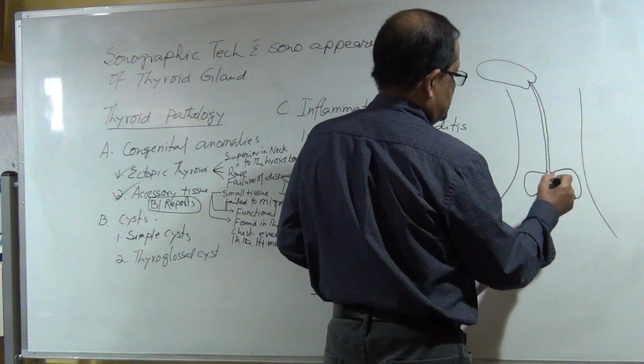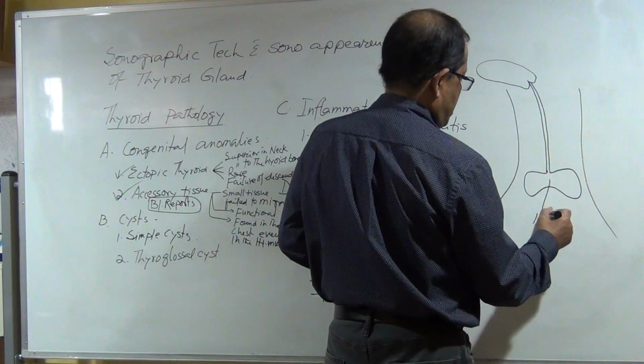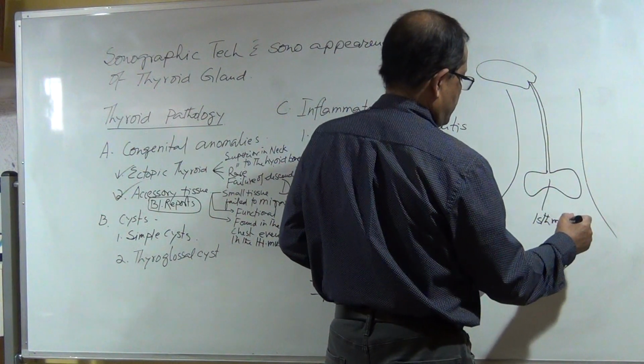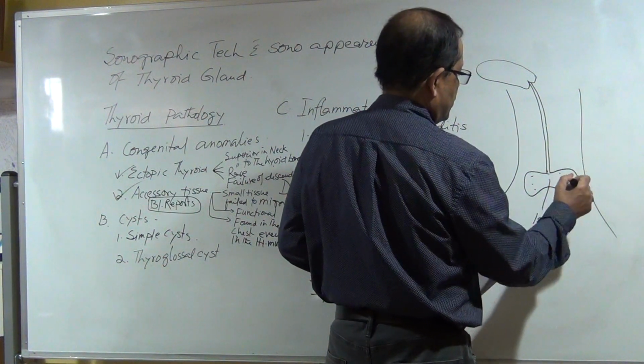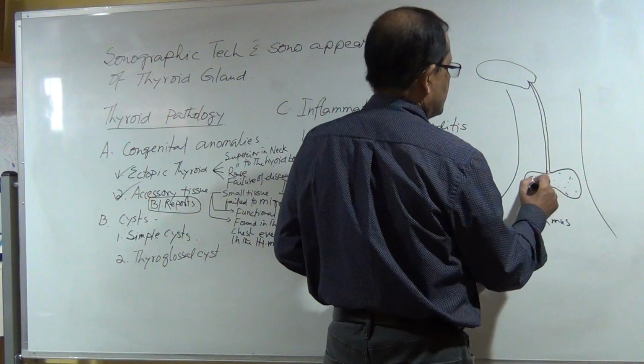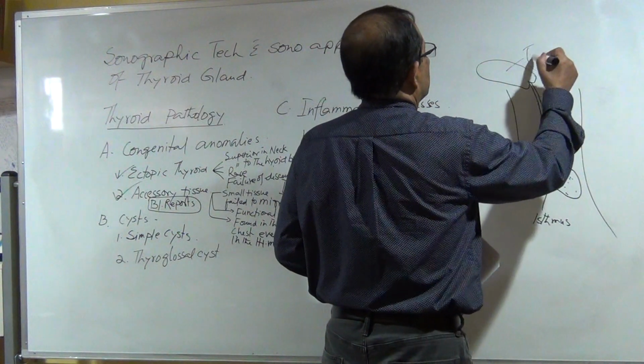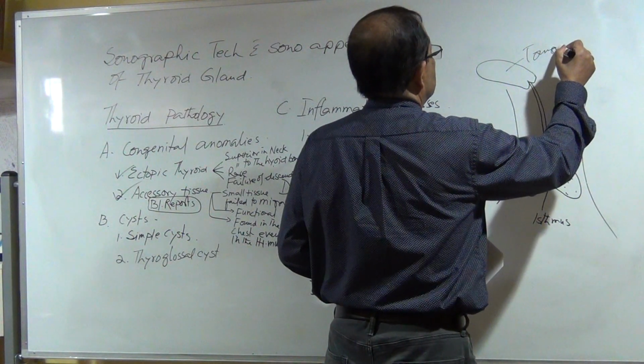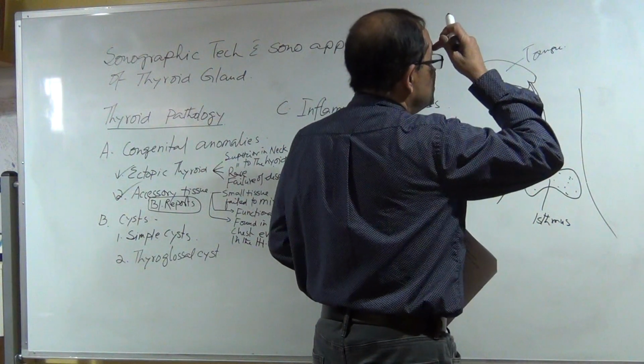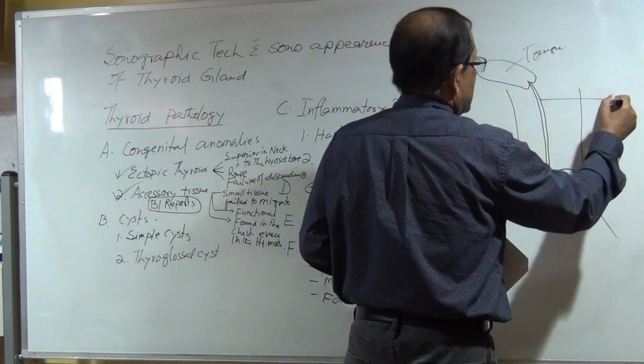So this is the isthmus. This is the tongue. This is the thyroglossal duct.